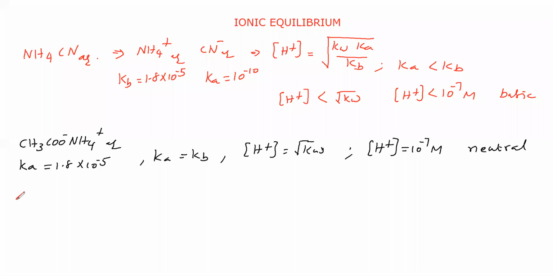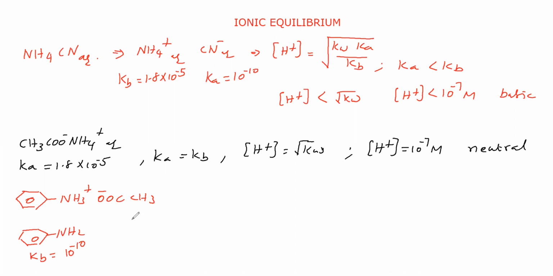Next, we will take anilinium acetate. In this salt, the cation is from aniline. That aniline Kb value is nearly 10 to the power of minus 10. Therefore, it is a weak base. So, anilinium ion undergoes hydrolysis.